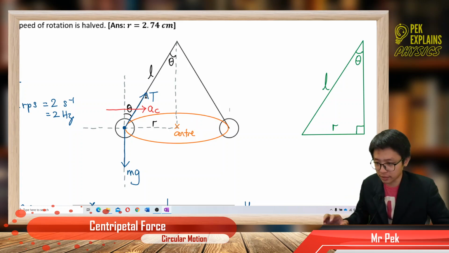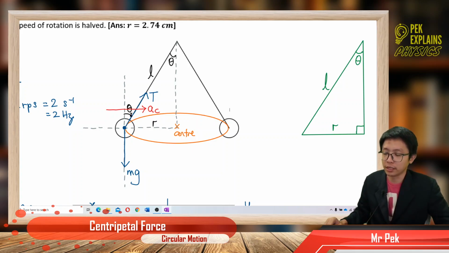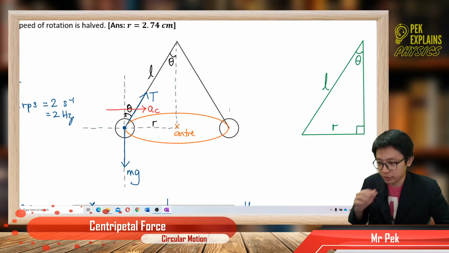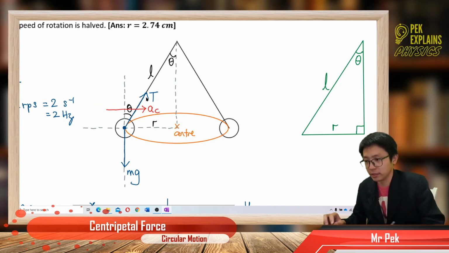After that, you see the tension has angle theta. This is the angle theta the string makes with the vertical. So when this is theta, this is also theta, because it's like alternate angle. So when you have tension with angle, you must resolve first.